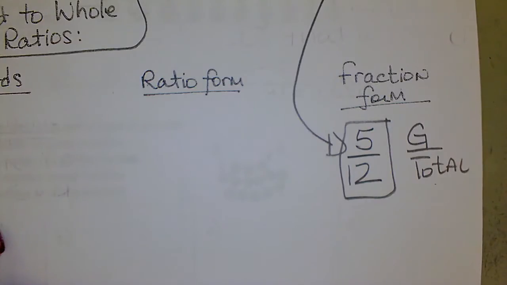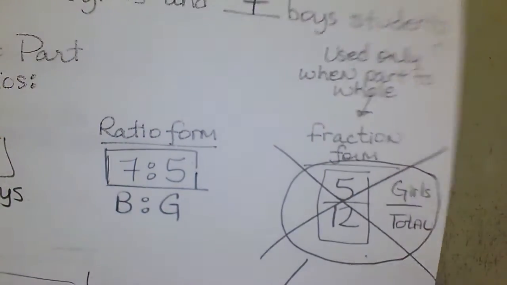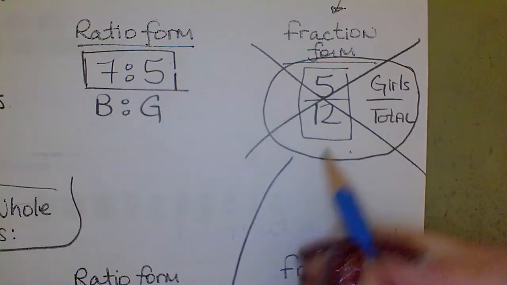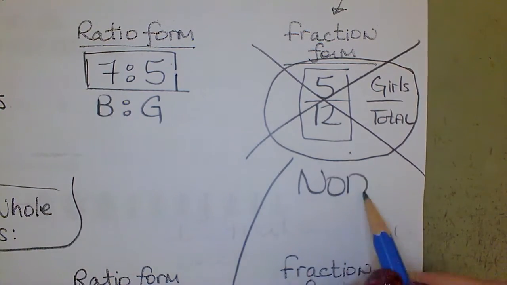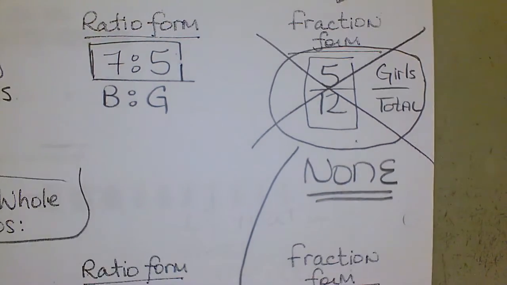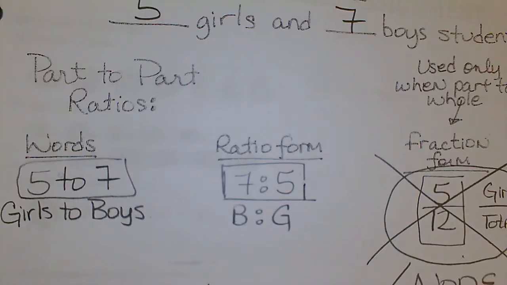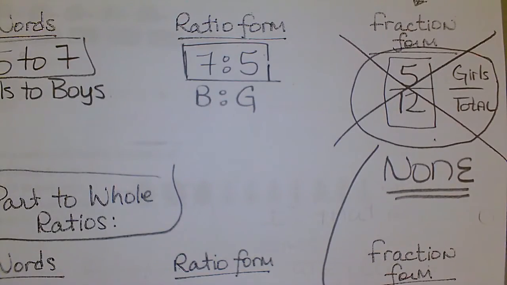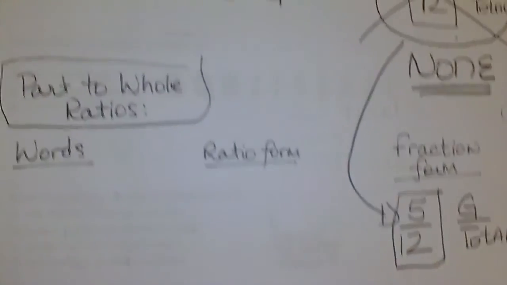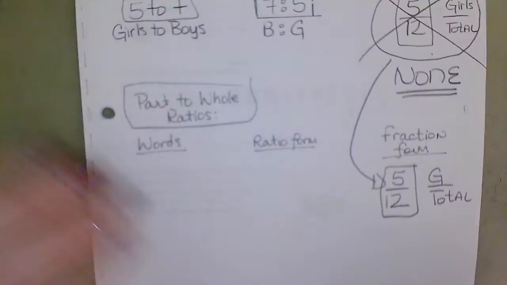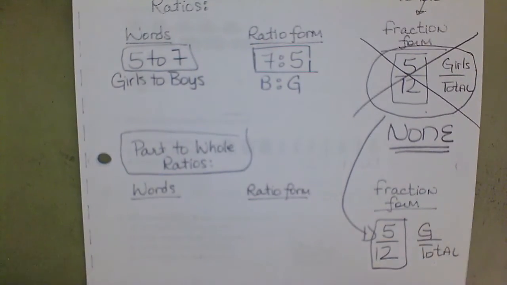And I'm going to cross this one out. There should be none in this spot because I can't have a part to part where the bottom is a total. Let me just move that up so you can see more of the page at a time. There we go.